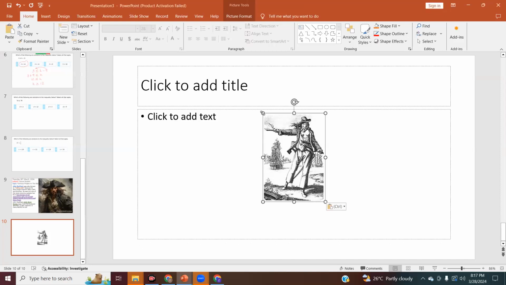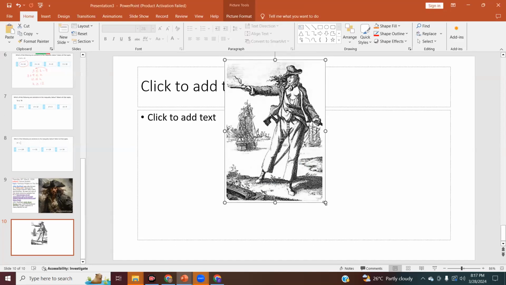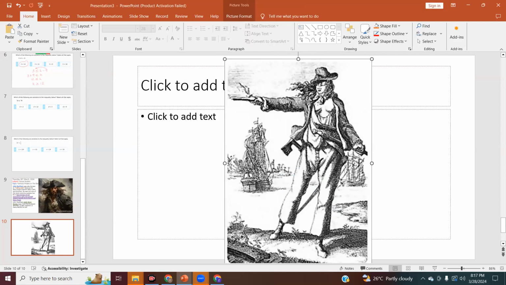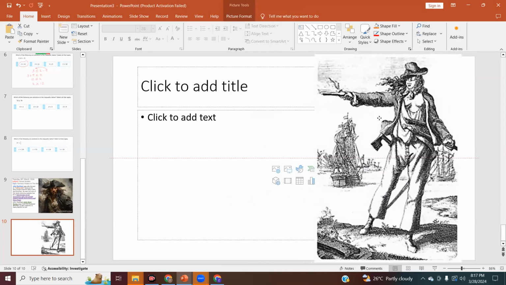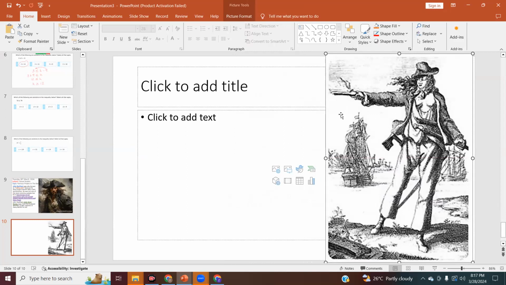Let me enlarge it for you to see. Several things she has: an axe, different guns, a sword, a pistol. As you can see, pirates were very known for fighting and having weapons, fighting their way through different things.